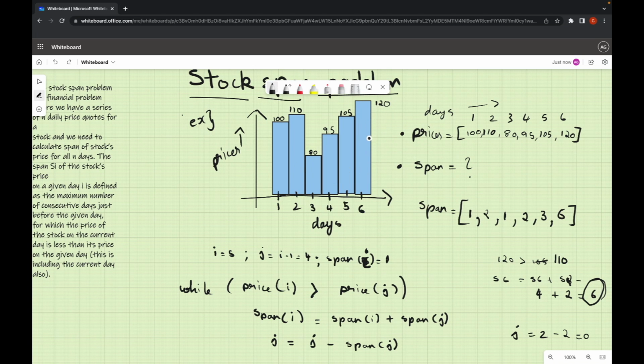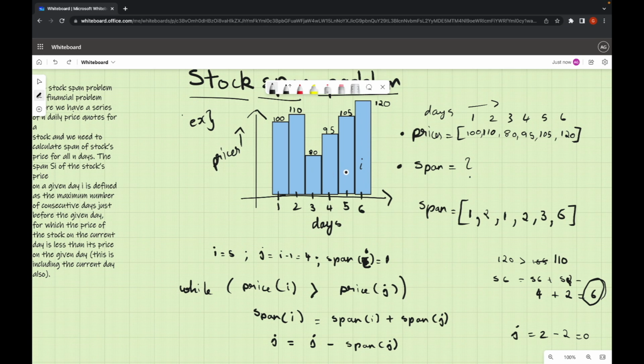So basically what you're doing is, instead of comparing with all the days that precede day I, you compare with only specific days. Let's say you're comparing day 6 with day 5. You don't need to compare with day 4 and day 3, because they have already contributed to the span of day 5.